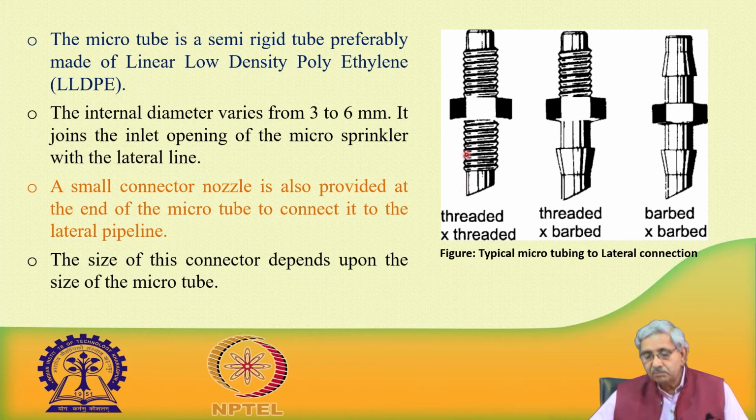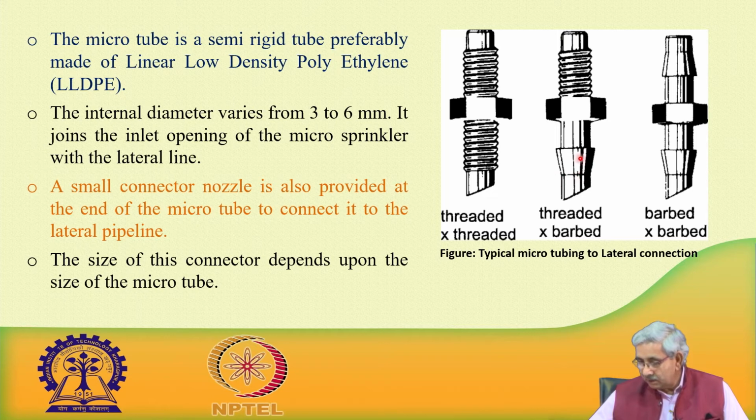So, instead of putting into the lateral, when high discharge micro sprinklers are there, this arrangement is normally used. This is another type of threaded connector. The threaded part is connected with the micro sprinkler, and the other part is barbed, which goes inside the lateral pipeline.